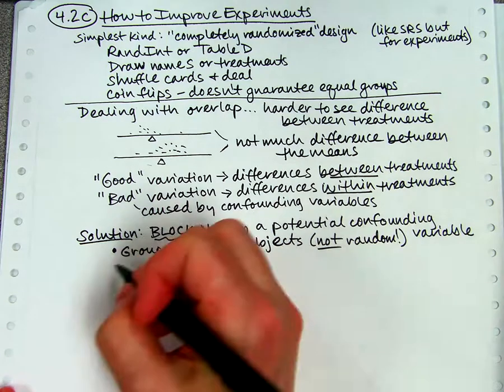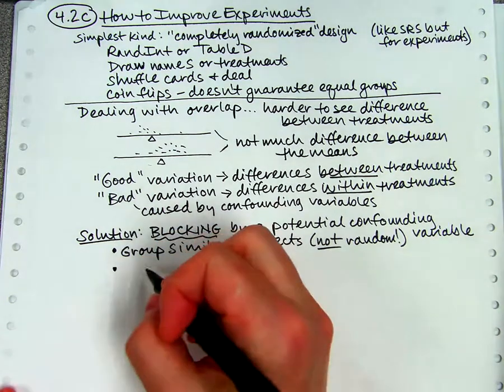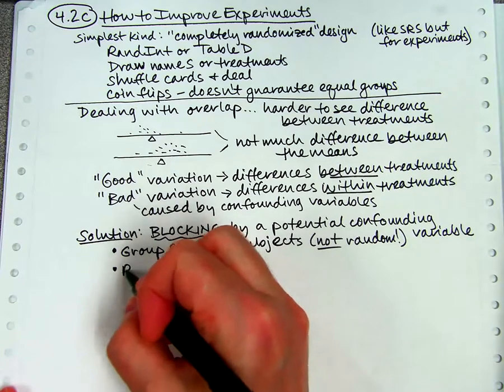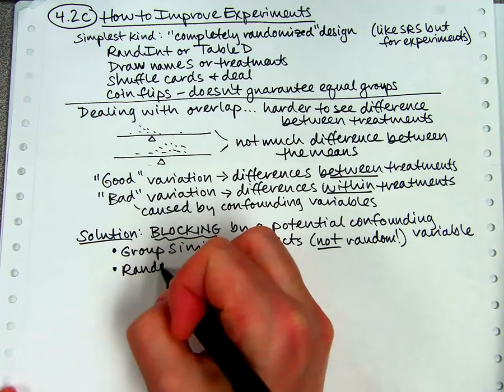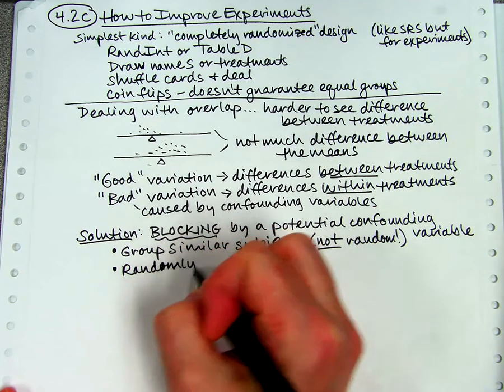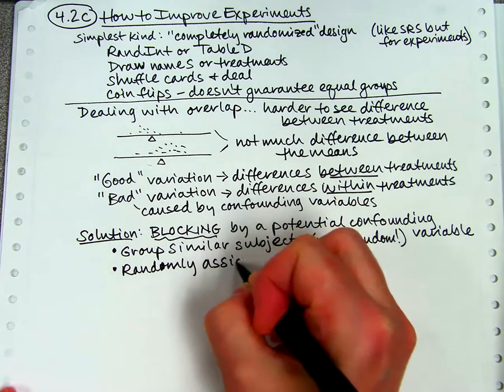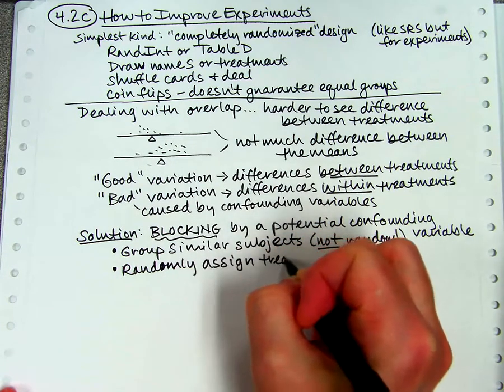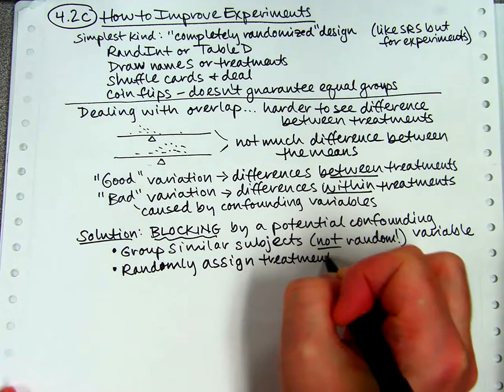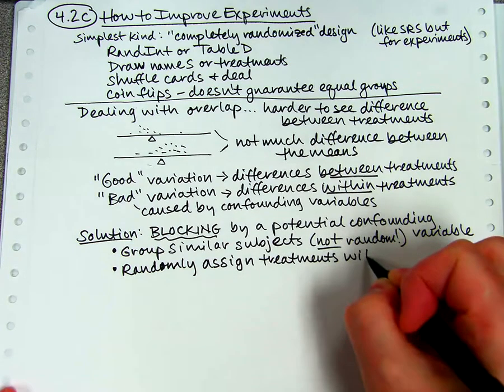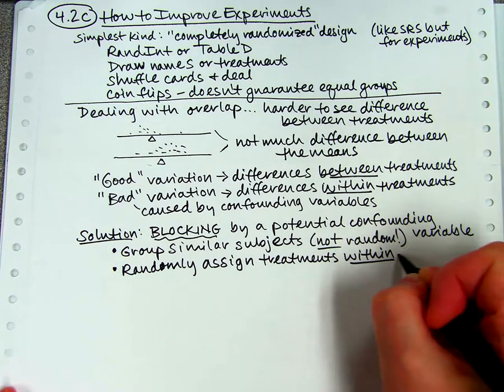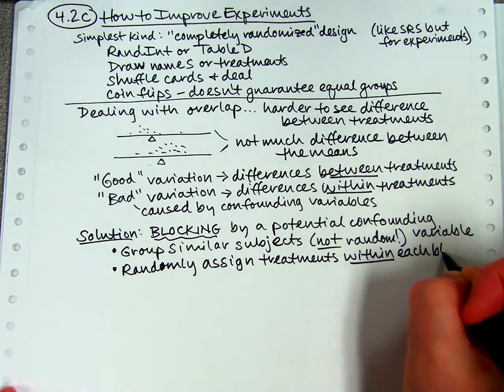But then you do your randomness, and what you do is you randomize within each group. Randomly assign treatments within each block or group.